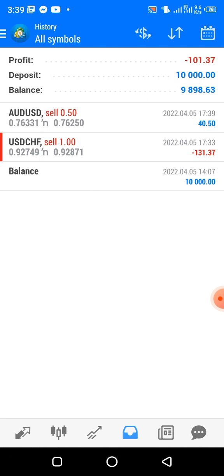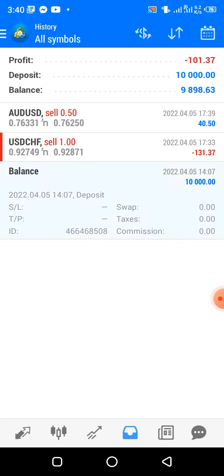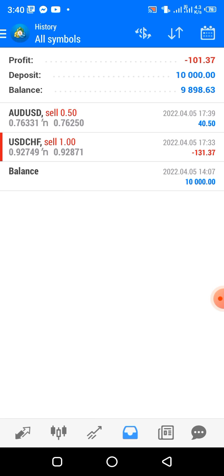And on Australian US dollar, I have made $40 with 0.50. So had I used a higher volume like a standard lot, because a standard lot 1.00 is bigger than 0.50, this probably could have given me almost around $80 plus. So that is the difference, and probably could have covered up for this loss that I have here.